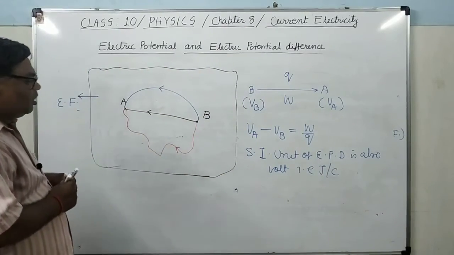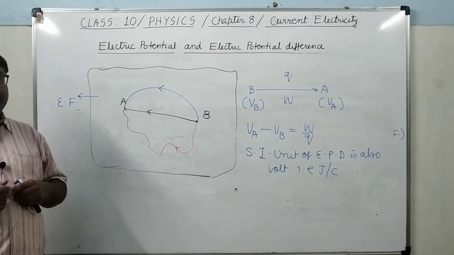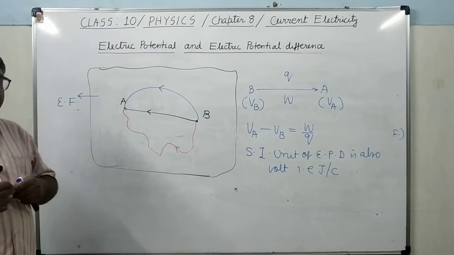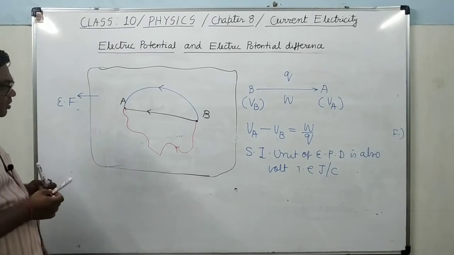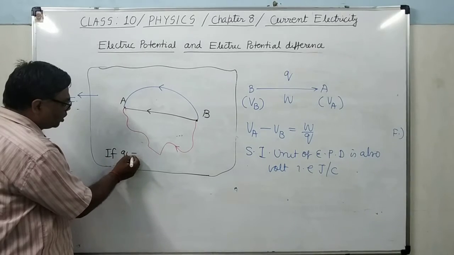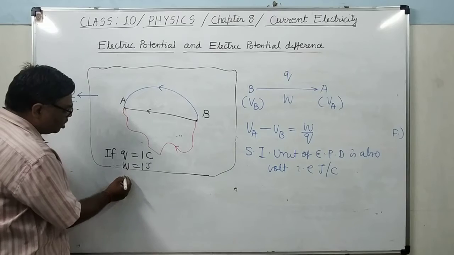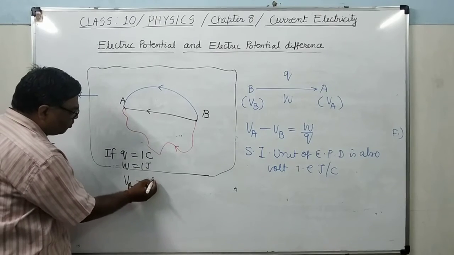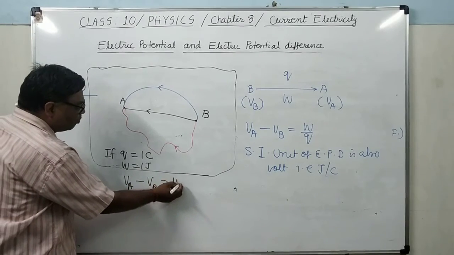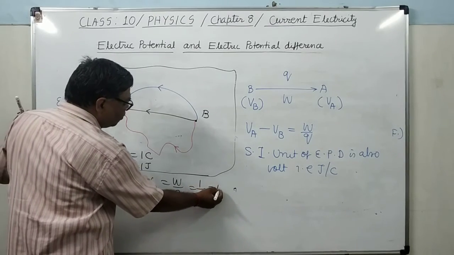Now how will you describe 1 volt potential difference? If Q equals 1 coulomb and W equals 1 joule, then VA minus VB will be equal to W upon Q, that is 1 upon 1, that is 1 volt.